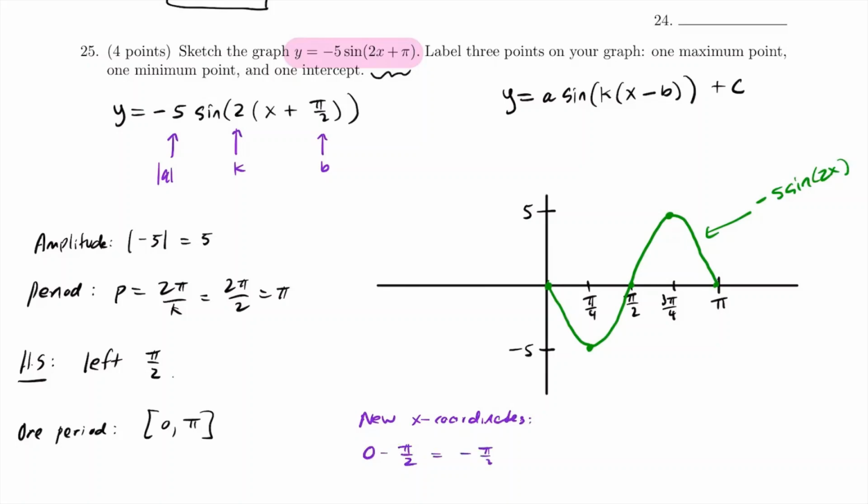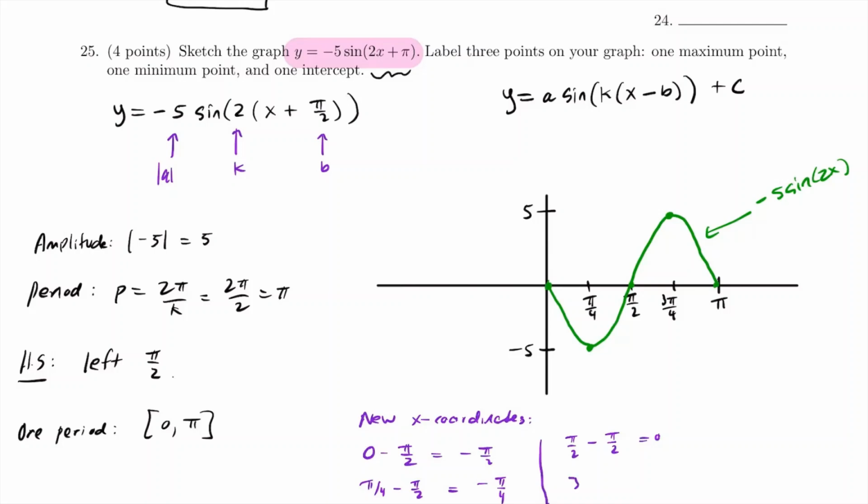And then pi over 4 goes pi over 2 units to the left. So now we need common denominators. This would be negative pi over 4. And then pi over 2 minus pi over 2 goes to 0.